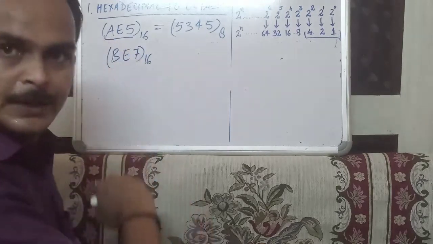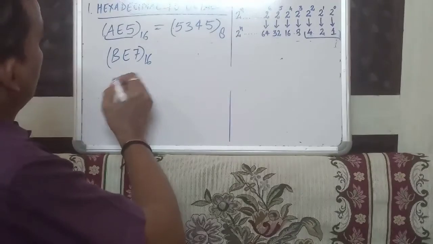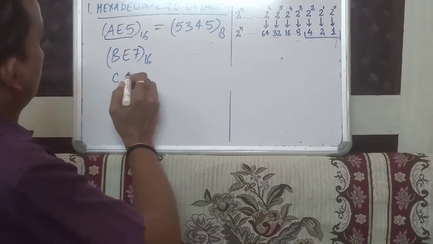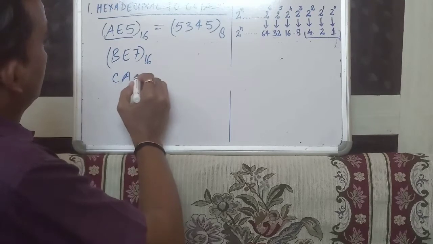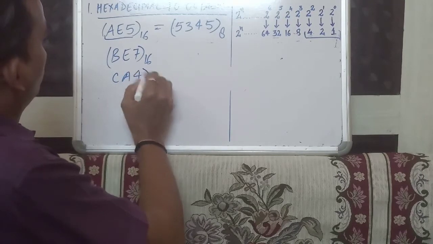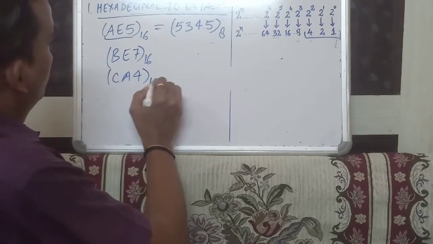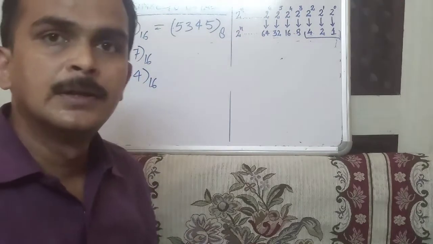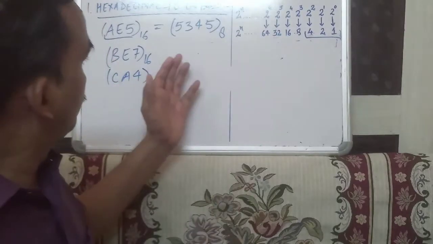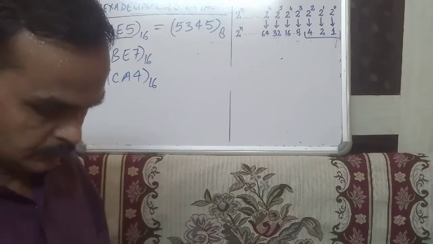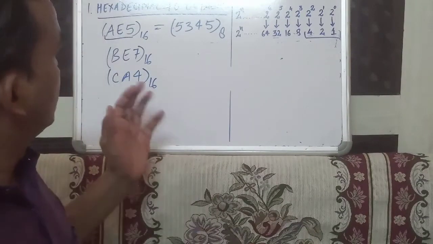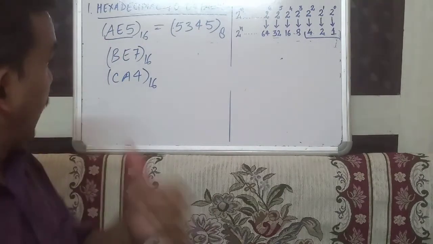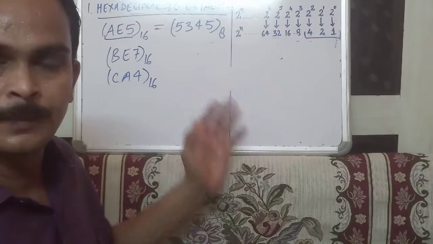You can just calculate it. Another number, suppose CA4. So like these hexadecimal numbers, you can calculate and find out any octal number.